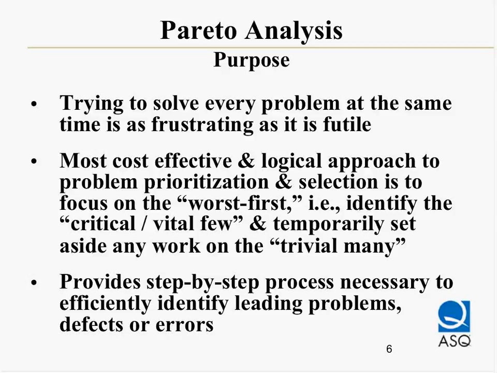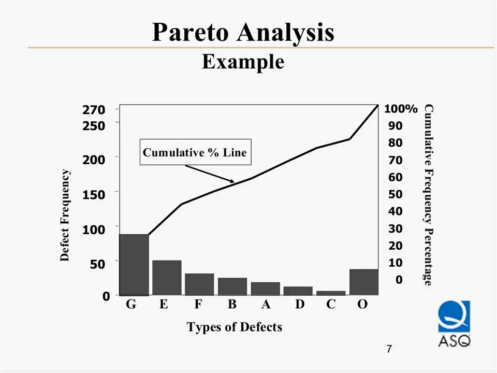These are terms that were devised many, many years ago by Dr. Joseph Juran, one of the giants in the history of quality. It provides us with the step-by-step process necessary to efficiently identify leading problems, defects, or errors.